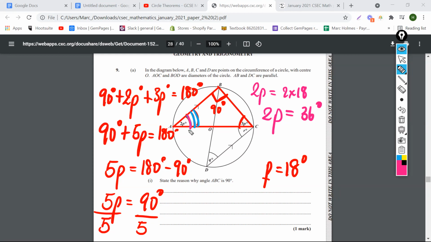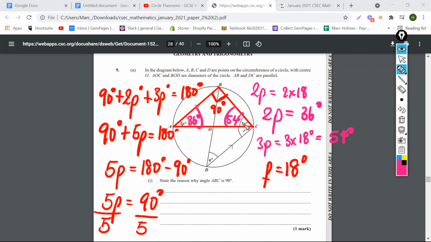So here is definitely 36 degrees. And over here would be 3p, which is 3 times p, and 3 times 18 degrees is actually 54 degrees. So for the triangle, guys, the 2p over here is 36 degrees, and over here the 3p is 54 degrees.